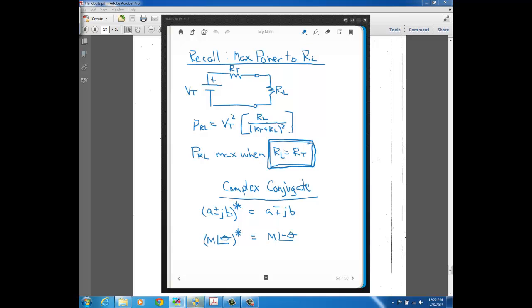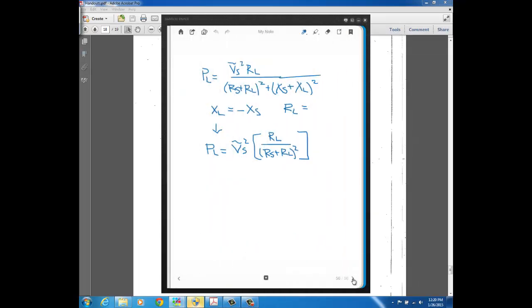So just like when we took the derivative of this equation with respect to RL and set it equal to 0, and we found RL equal to R Thevenin, in the AC case, once the reactances cancel out, it's the same form of equation, so this is a maximum when RL is equal to RS.